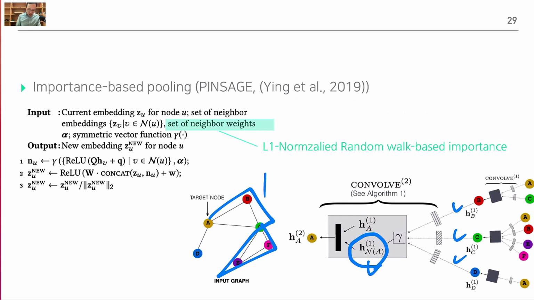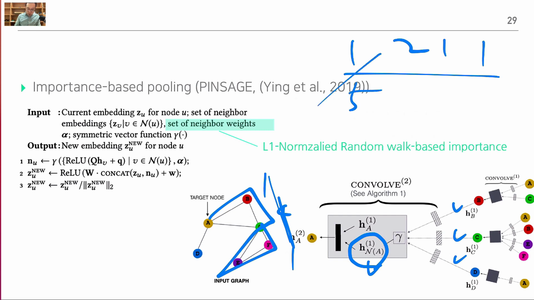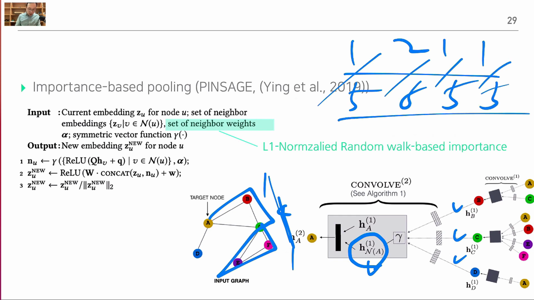For example, 1, 2, 1, 1. With this way, we can normalize their importance. Dividing by the total 5, we get 1 over 5, and 2 over 5. These will be used for the weights.